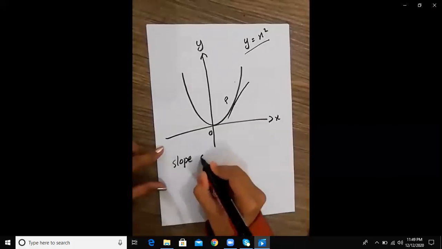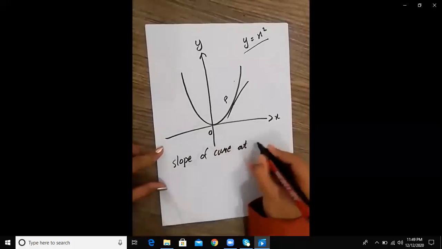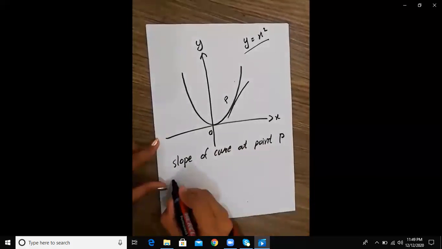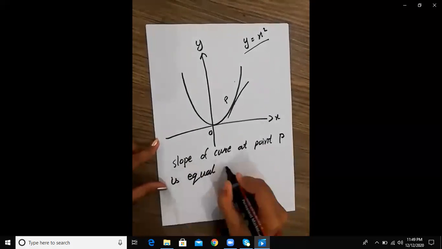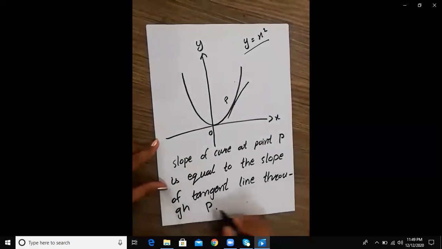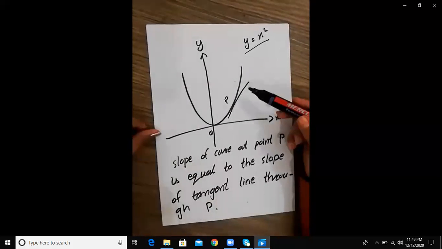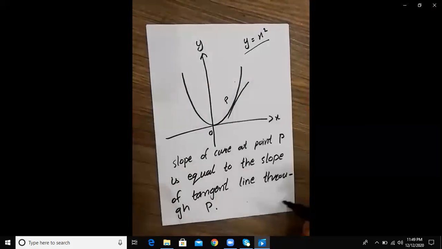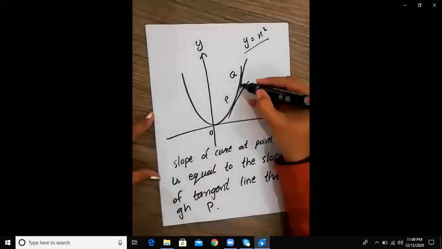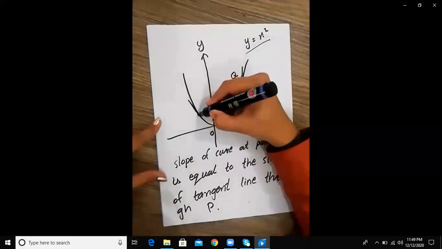So the slope of the curve at point P is equal to the slope of the tangent line that is passing through point P. This is the tangent line, and the slope of this tangent line is equal to the slope of the curve at point P. Similarly, at point Q, the slope is the same as the slope of the tangent line at Q.